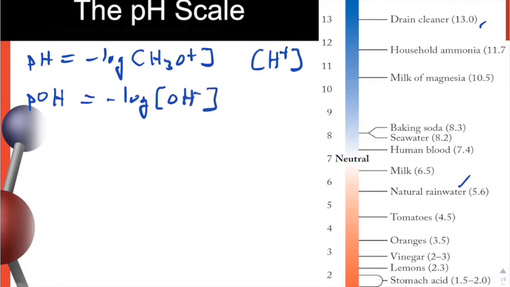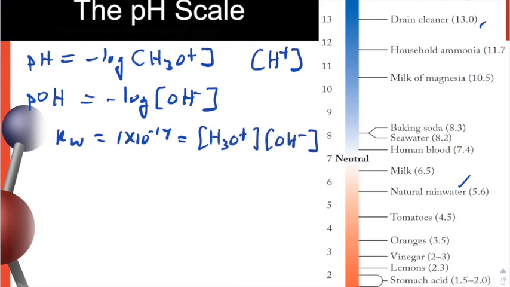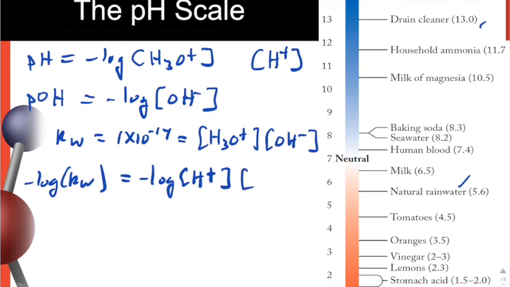Now remember, Kw is equal to 1 times 10 to the minus 14, and that's equal to the product of these two. Right? Therefore, what I'm going to do is I'm going to take the log throughout this equation. I'm going to take the negative log of everything, sorry. I'm going to wind up with the negative log of Kw is equal to the negative log, I'm going to write this in shorthand now because I'm running out of space, H+ instead of H3O+, times OH-.